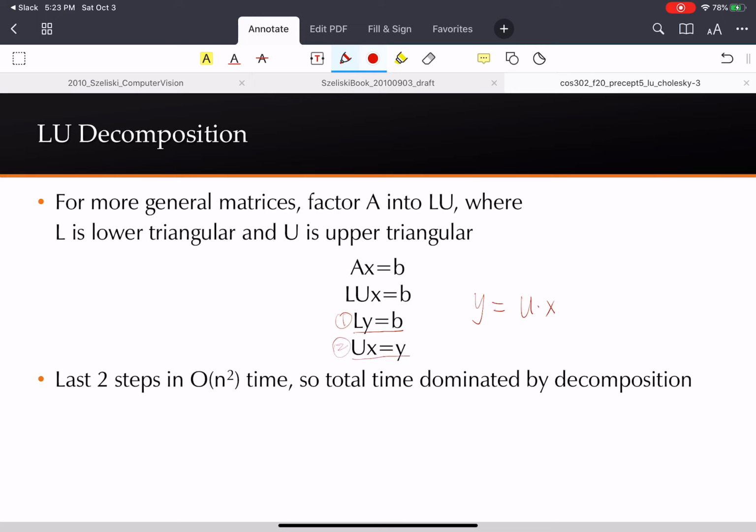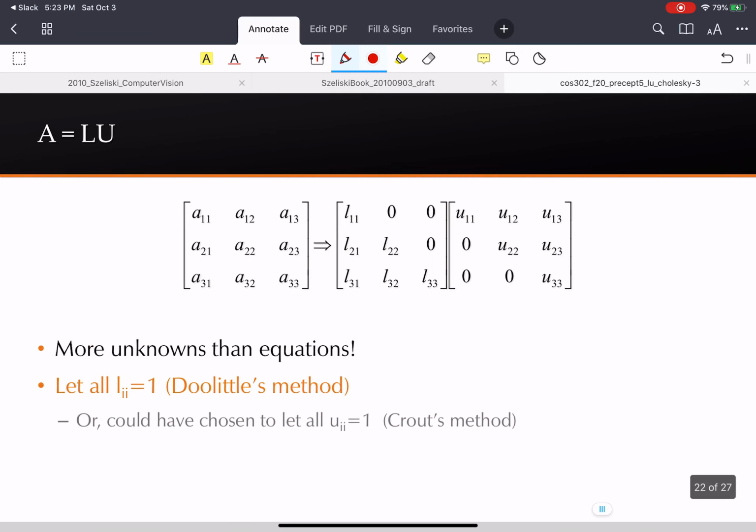And from the previous slides on forward and backward substitution, we know the last two steps need running time of n squared. So the total time of using LU decomposition to solve this linear system is dominated by the matrix decomposition step. Now let's have a closer look at the matrix decomposition.